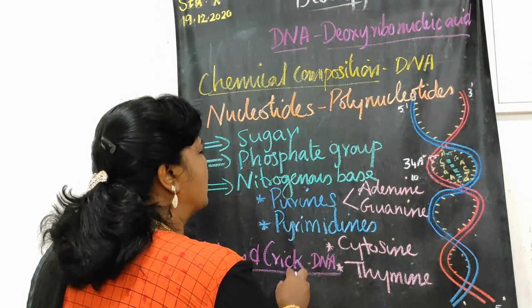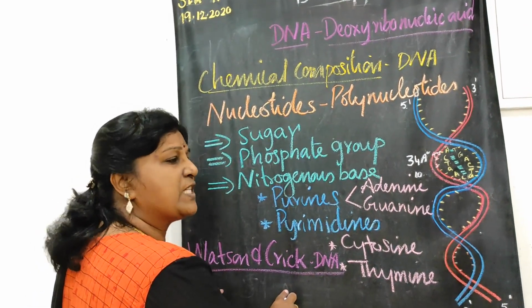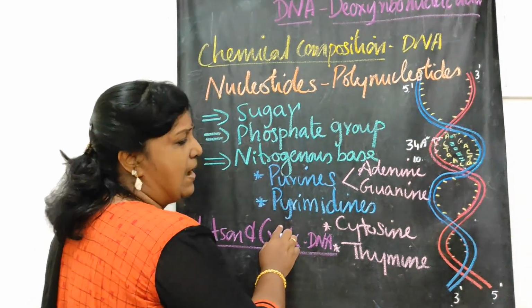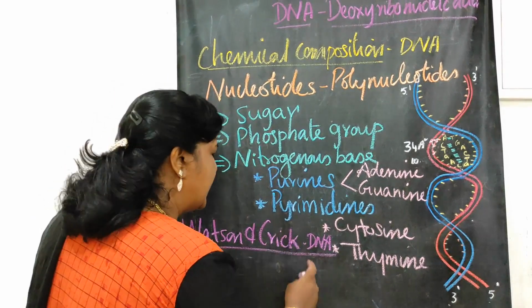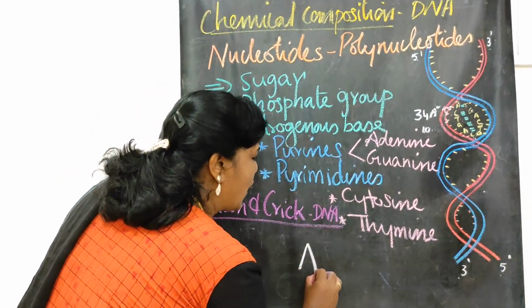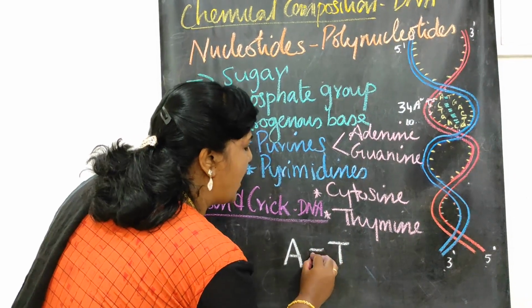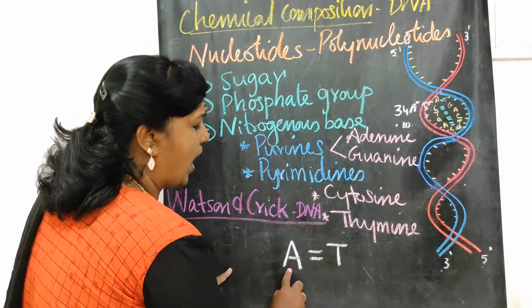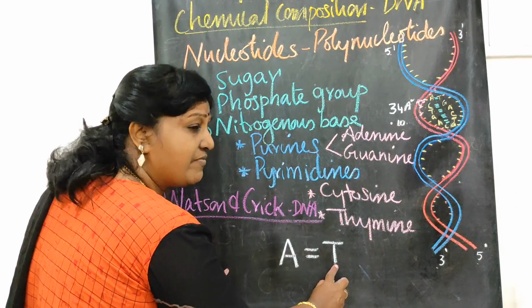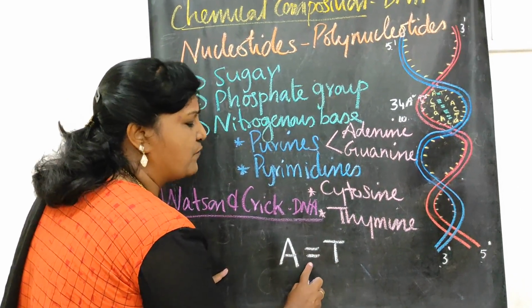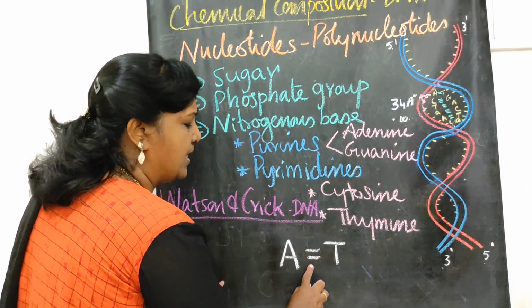Pairing between the nitrogenous bases is very specific between purines and pyrimidines. Adenine always combines with thymine by means of 2 hydrogen bonds.